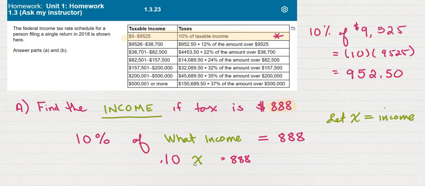So 10% of what value is 888? What I can do now is divide both sides by 10 hundredths, or 1/10. And when I solve that, 888 divided by 1/10, I'm going to get $8,880.